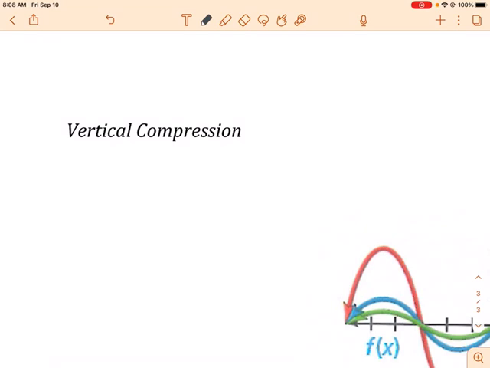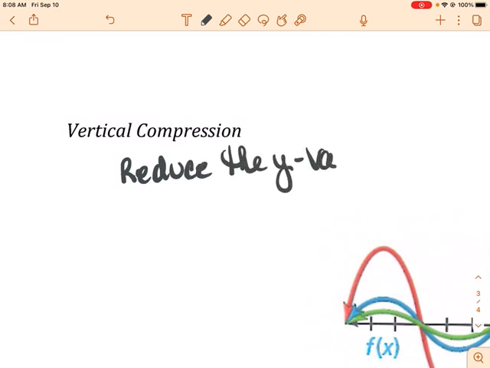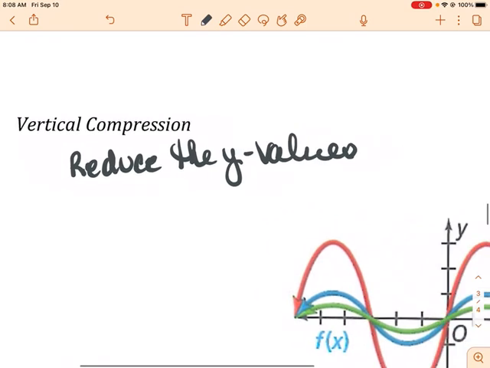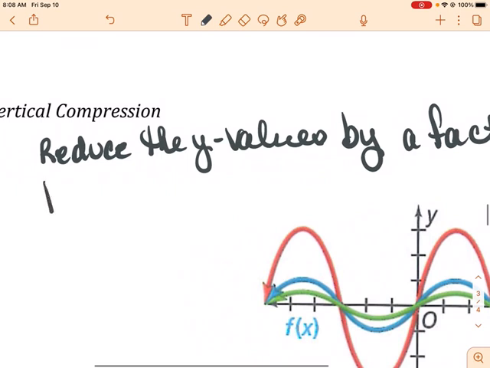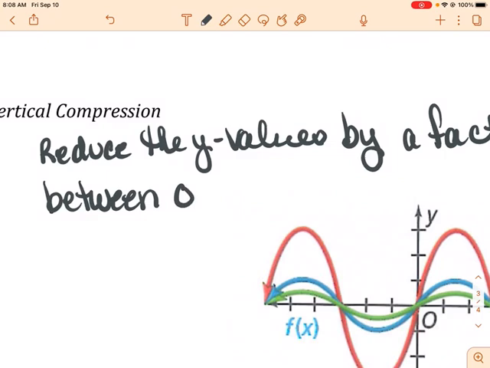The vertical compression is that we're going to be multiplying or reducing all the y values by some factor. So we're going to reduce the y values by a factor between 0 and 1. So for example, again, we're going to use the letter A. So A is going to be between 0 and 1.